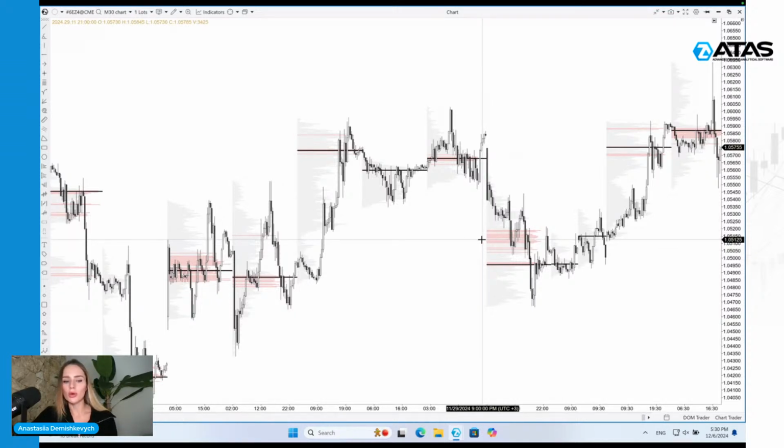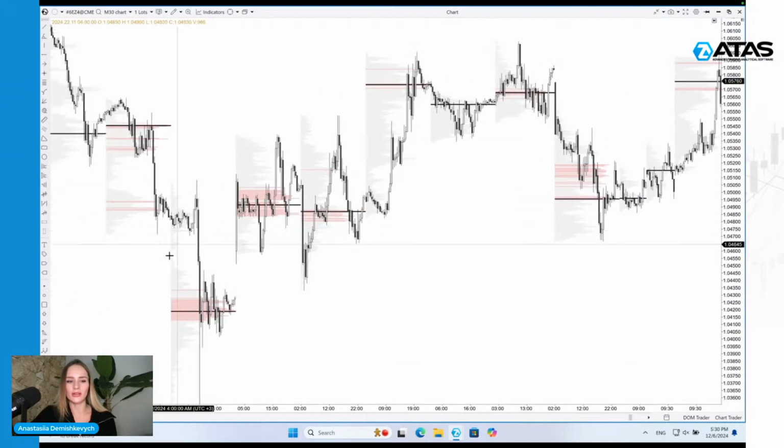The low volume node, or the vacuum, as I call it right here, are the areas with very low volume compared to the overall profile. And they usually act as a black hole in space, or like a vacuum. So they attract the price.